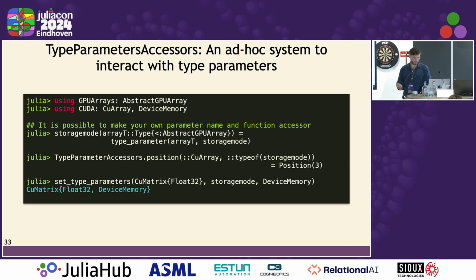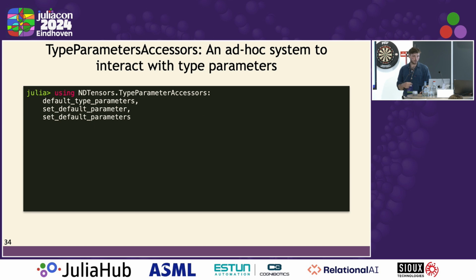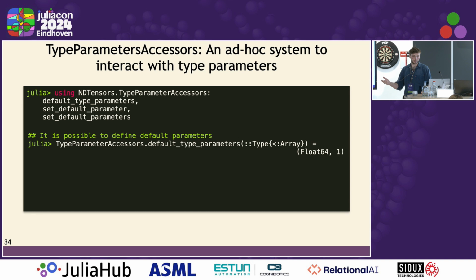But we want to take it one step further, and we wanted to also use this as a system to create default parameters. Often in our code, we would change the type from 64 to 32, and things would fail because we had accidentally hard-coded in defaults, like Float64. So in this method, if we just rely on specifying or setting the types using set default parameter or default parameters, then we can have one place where our defaults are explicitly defined and then used throughout our whole package.